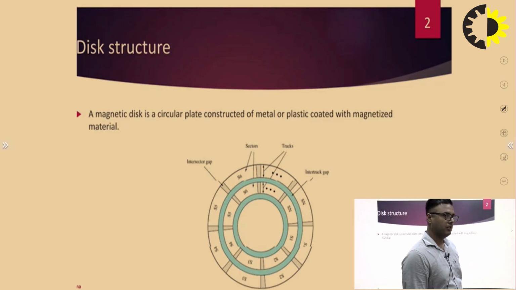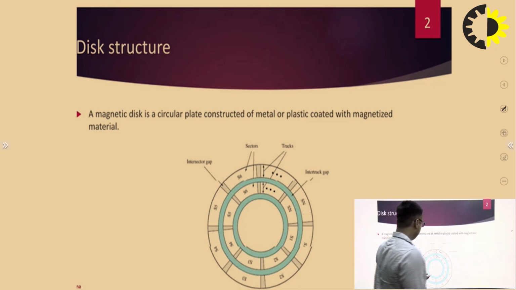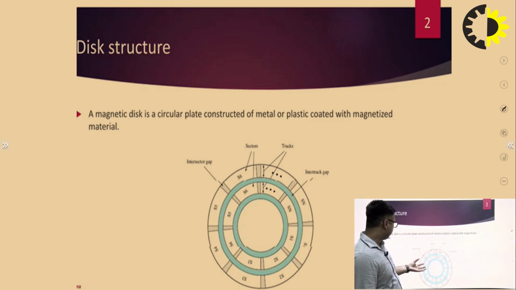Disk structure. Basically, a disk is formed in this way. A disk forms different tracks, different sectors, and different heads.